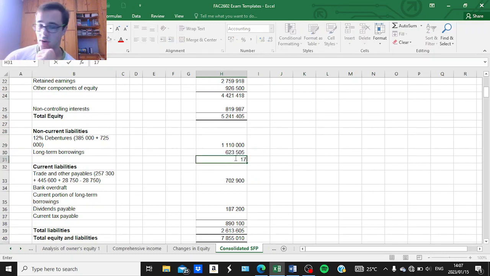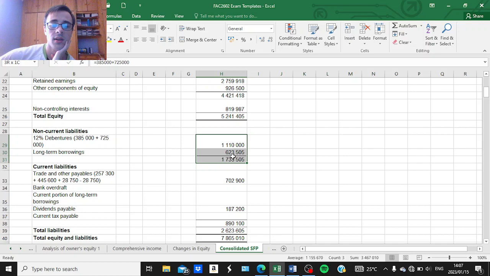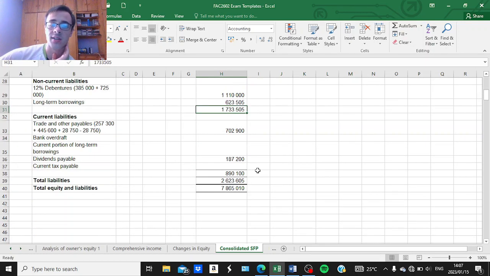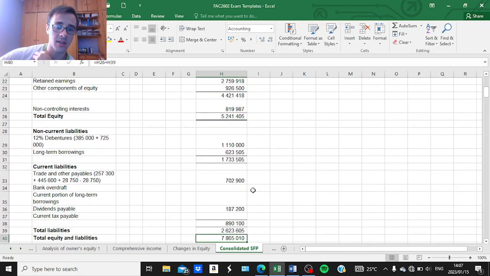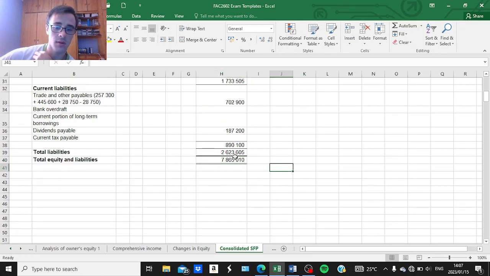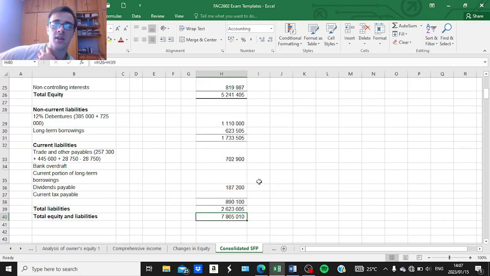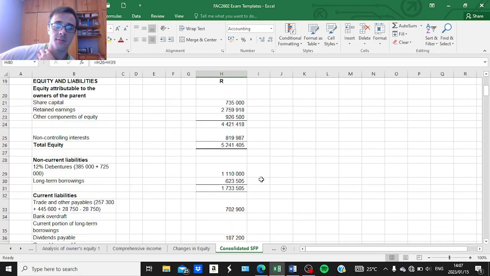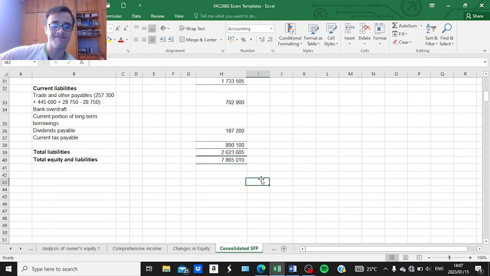Yes, that's our error. Sorry guys, just a simple mathematical error that I've made. I've calculated the sum of these two incorrectly in my head. It's actually 1,733,505. Okay, thereafter the consolidated statement of financial position should be in balance. Total equity and liabilities should also be 7,865,010.